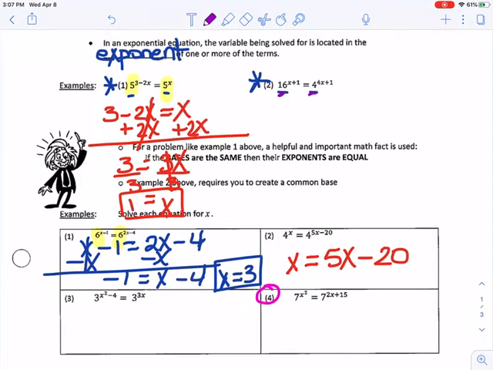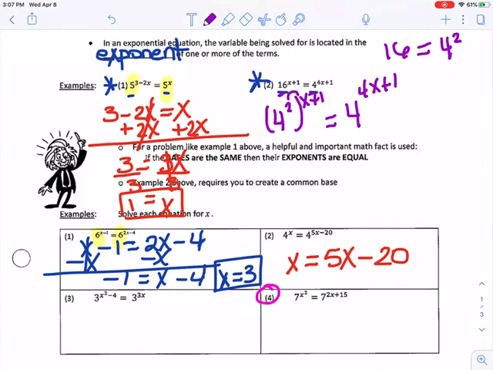So in this situation, what we would do is we would turn 16 into a 4. We just say, all right, well 16 is the same as 4 squared. So on this side, I have 4 squared raised to the x plus 1 power. And this is why we practiced our exponent rules, to remind us that this means we got to distribute this too.